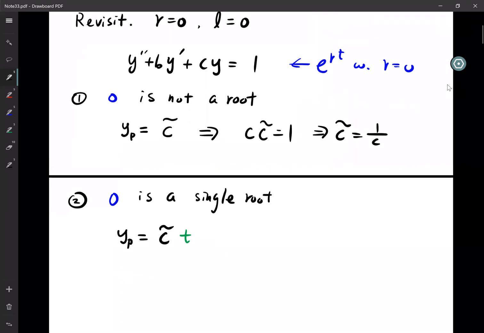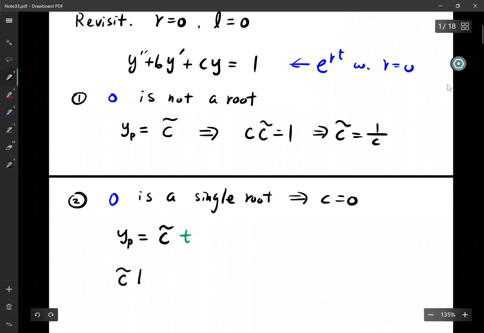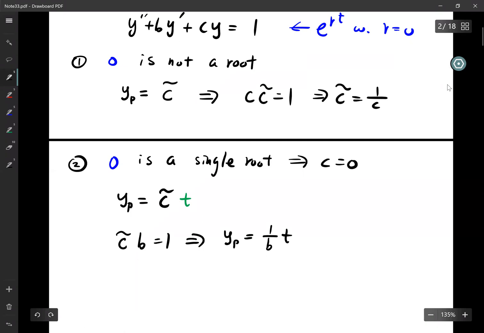So if 0 is a single root, this constant c must be 0, because otherwise 0 cannot be a root. Now I just plug into the equation, I get C tilde times b is 1, and therefore yp(t) is 1 over b times t. So this is the second case.